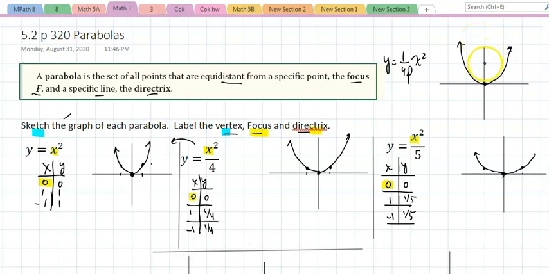The focus is always embedded inside of this parabola. And this directrix is a line, always on the opposite side. A parabola can never cross a directrix. I'm going to call this L. So the directrix I'm going to refer to as a line, which is L. And the focus, we're just going to use the letter F. And here's the deal.